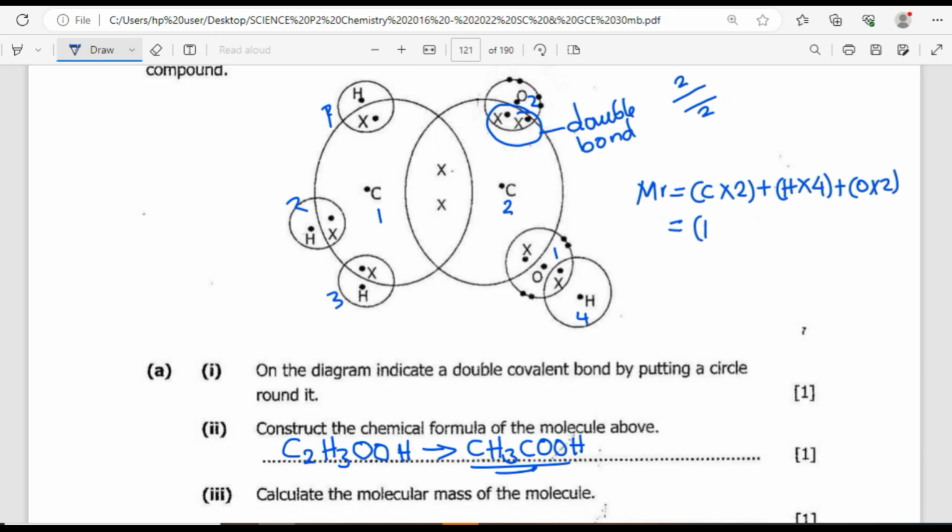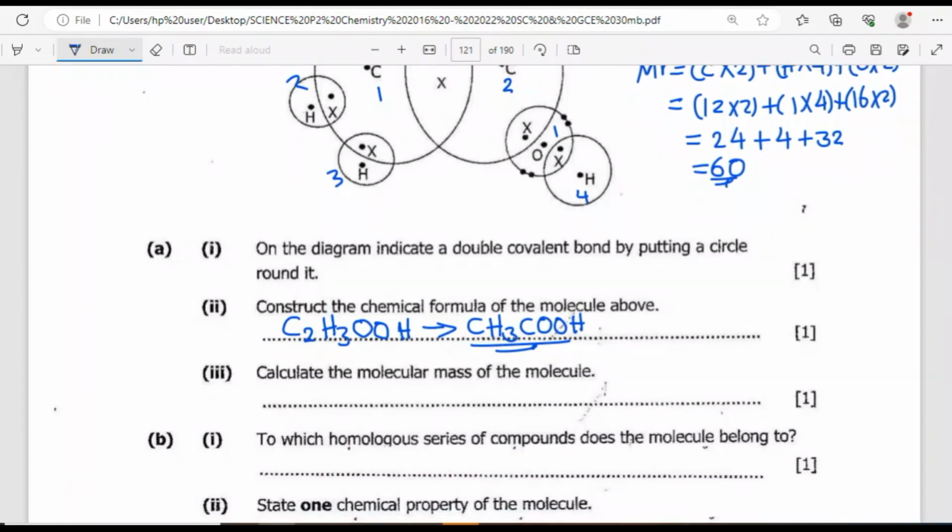The mass number for carbon is 12 times 2, plus 1 times 4, plus 16 times 2. So 2 times 12 gives us 24, plus 4, plus 32. According to my calculator, I'm getting 60 as my final answer. So the molecular mass is just 60.